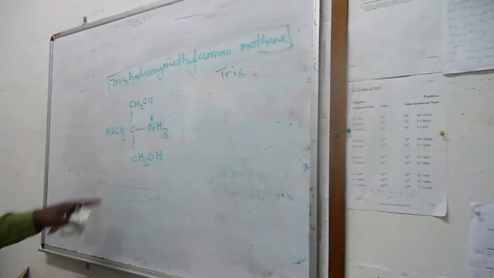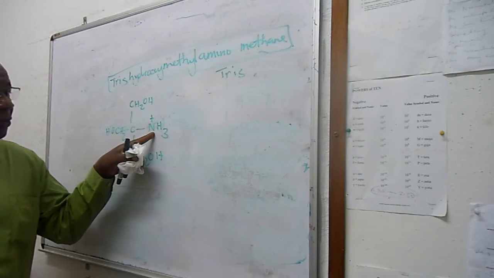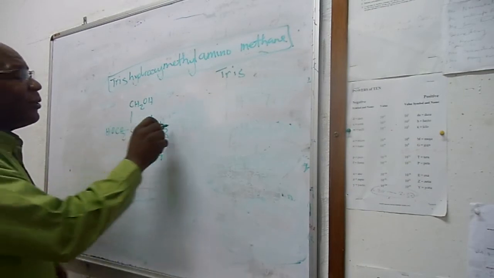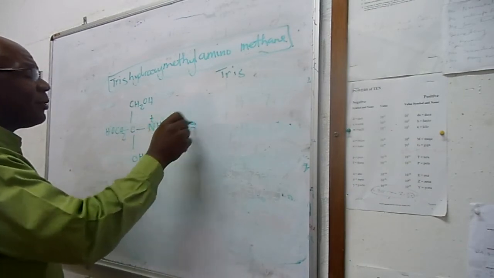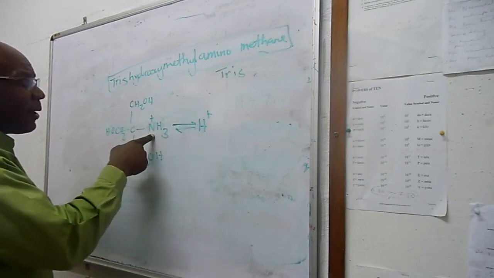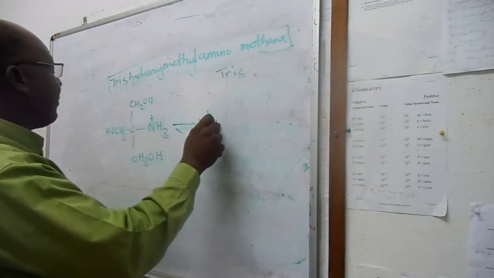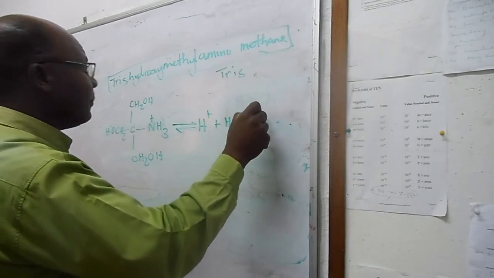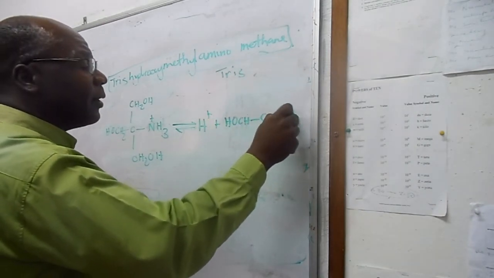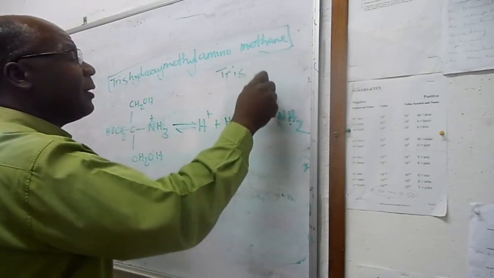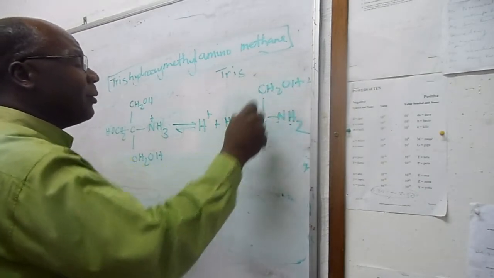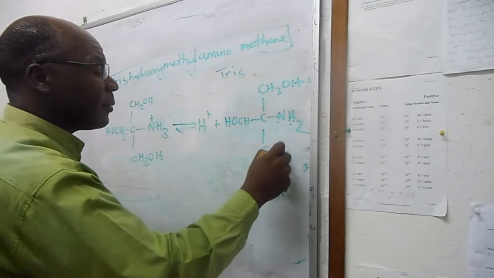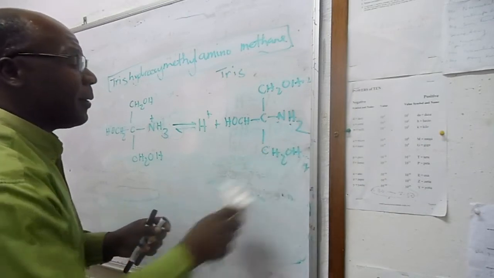What you observe is that the amino group is protonated. So this can undergo dissociation, releasing a proton from the amino group. Once a proton is released, you have the amino group without the hydrogen.